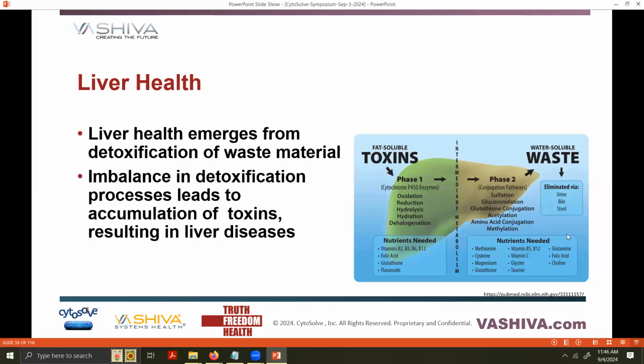The bottom line is you have the removal of fat-soluble toxins and water-soluble toxins. They require different nutrients, but the liver is really the organ of detoxification. It's like keeping your blood clean.